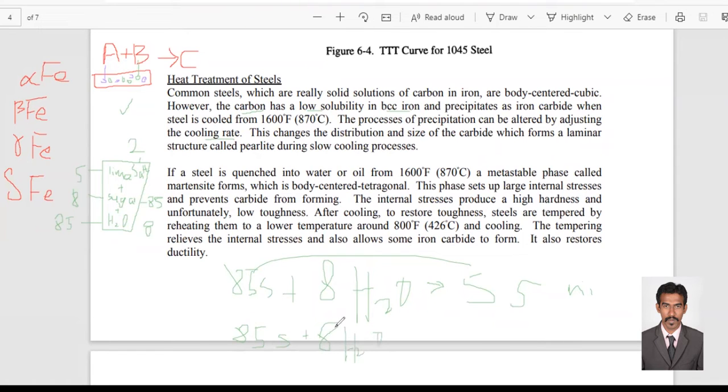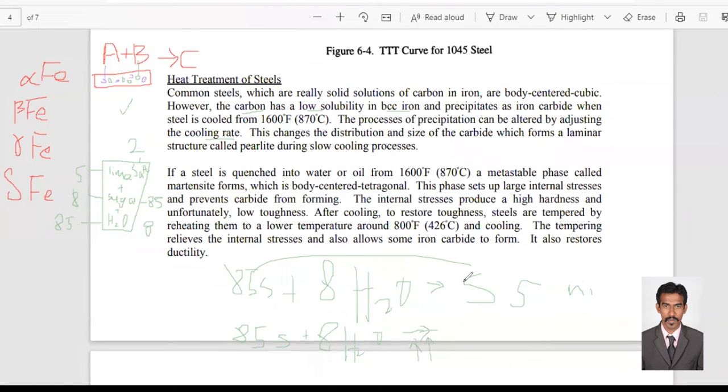Why am I stopping with 85 and 8? That's 93, only 93 is here. There is another 7, that is 100%. So I left it here because there can be some other constituents or mixtures also, right? So that's why I'm just keeping this format, right? And I heat it, okay? Heating, we use arrows like this, or you can write heat also here.